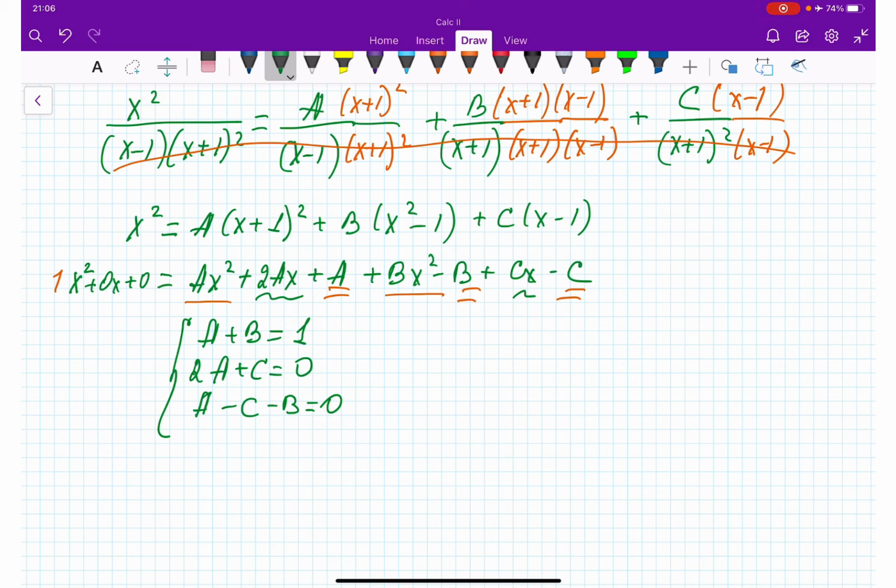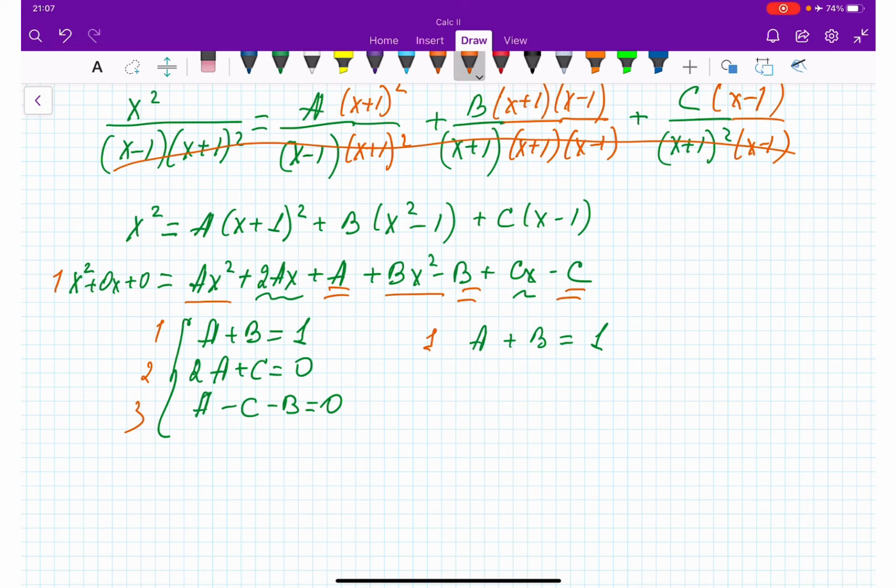Let me write down the first, second, third. I see I can do that: I'm going to use the first one and the third one. For the first one, I will have a plus b equals 1.